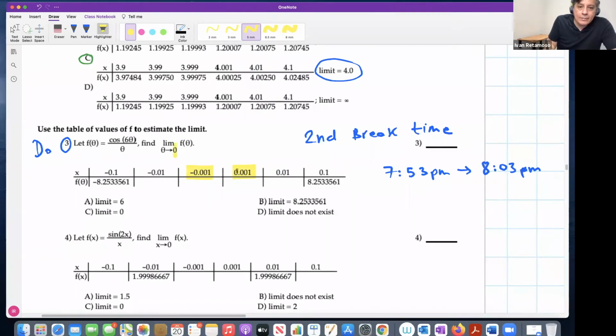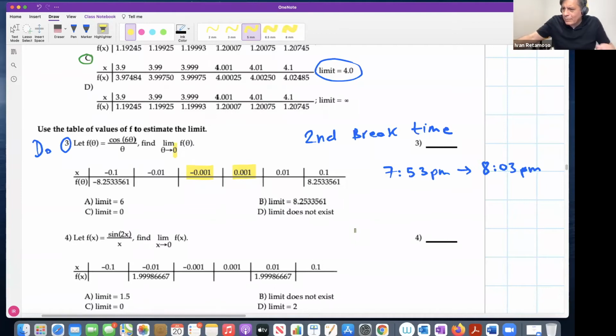So because of that, try to output the value for this input value and try to get the output for this input value and see if there is convergence, right? If the output values are going to the same real number. In case they are not, you know what to say, right? You will say that the limit does not exist. But in case there is convergence, that real number should be the limit. So go ahead and try this. Evaluations here and here, that's the hint.